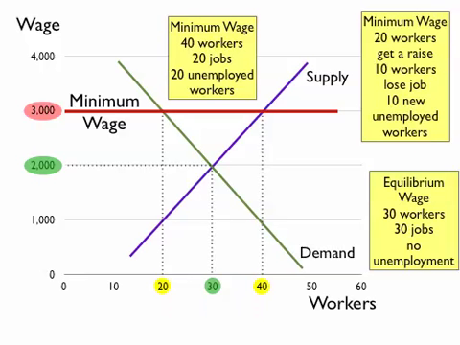Essentially 20 of the workers would get a raise, 10 of the workers would lose their job, and we'd have 10 new unemployed workers. So economists tend to look at the minimum wage as being a loss on the economy because of these unemployment situations that occur.